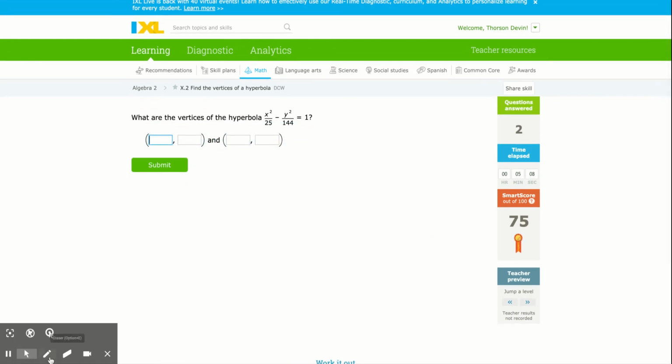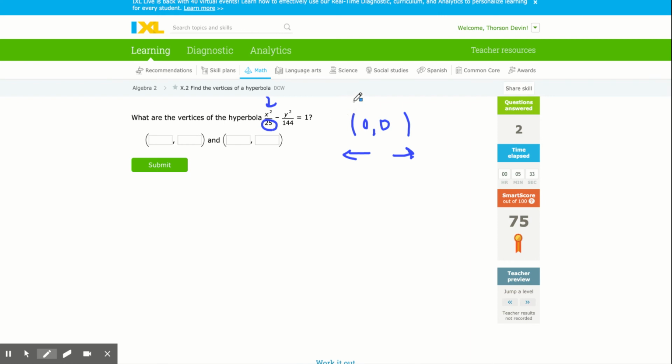So the first thing I want to emphasize is quickly write down the center. Since there's no h or k value, or no shift in the x or the y, my center is 0, 0. And then I'm going to say, what's my leading term? My leading term is an x squared. That means my vertices are going to be to the left and to the right of my center, which means I'm going to be adding the square root of this value of 25.